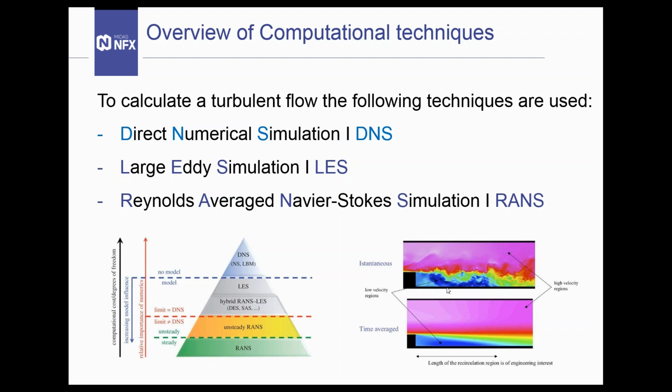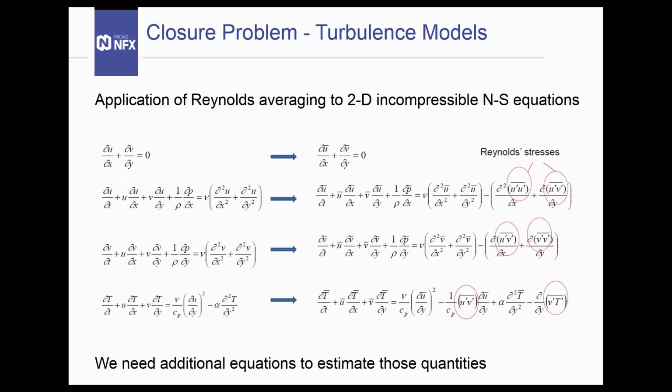Also, if we take a look at this picture, the top picture shows the influence of the algorithm used, because we are using the averaged form of Navier-Stokes, so some information has been lost, but the solution time is much quicker.